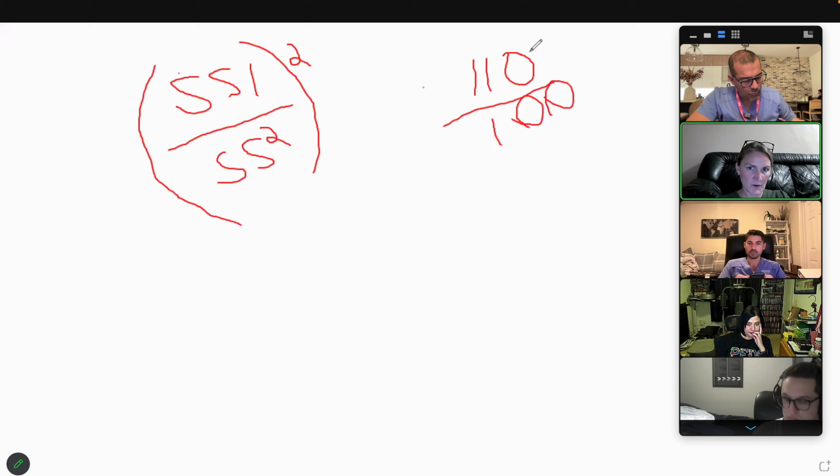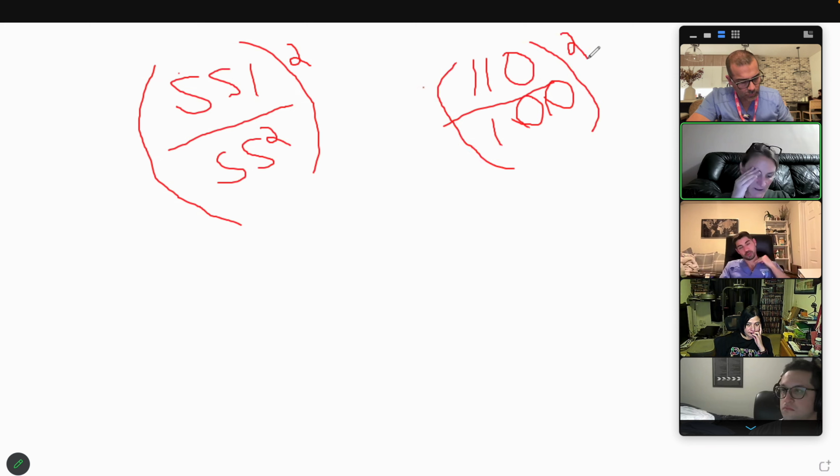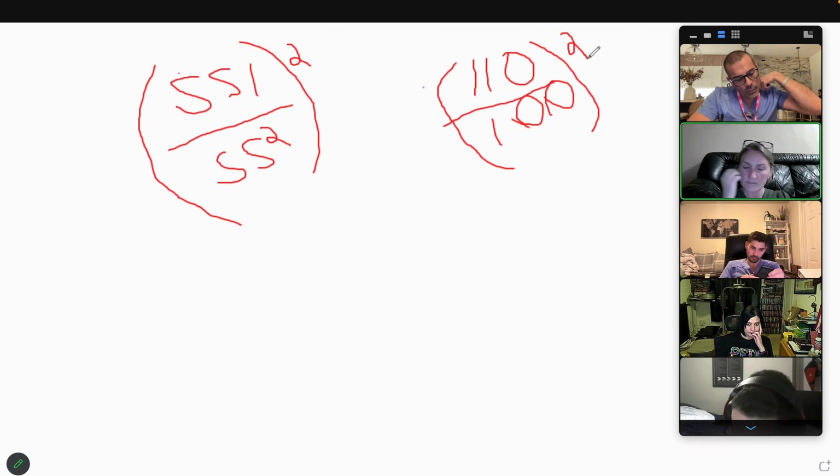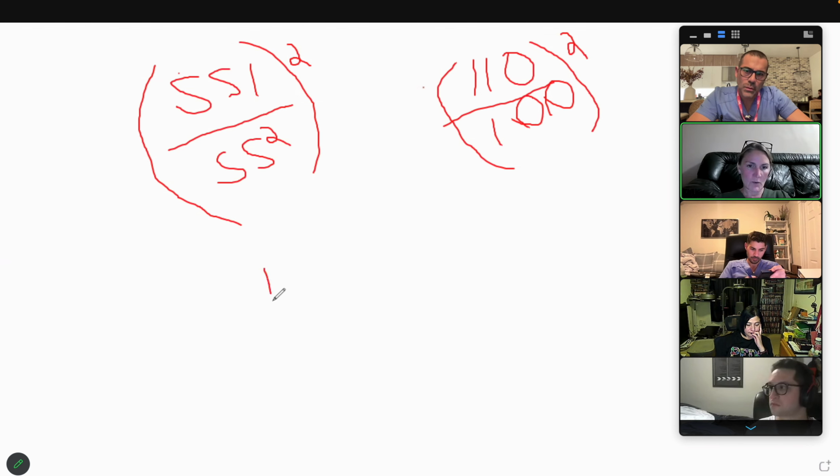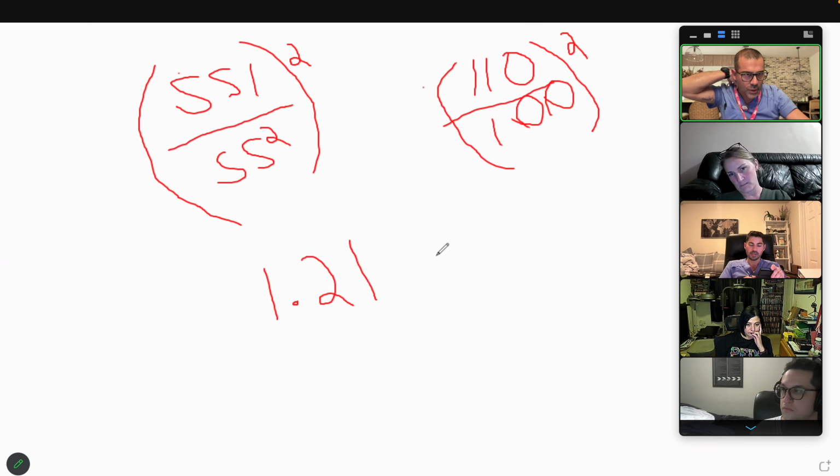Is that going to be over or underdose? Overdose. So 110 divided by 100 is 1.1, and then square it. That's 1.21, the decimal, but what is that in percentage form? 121%, or 21% extra.